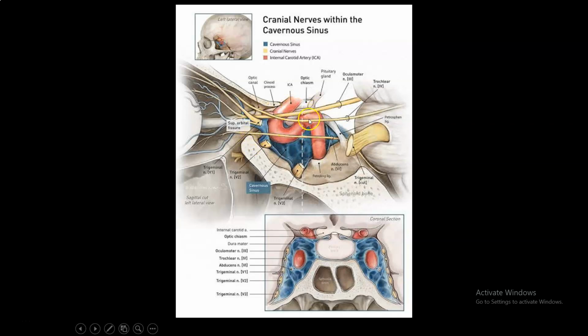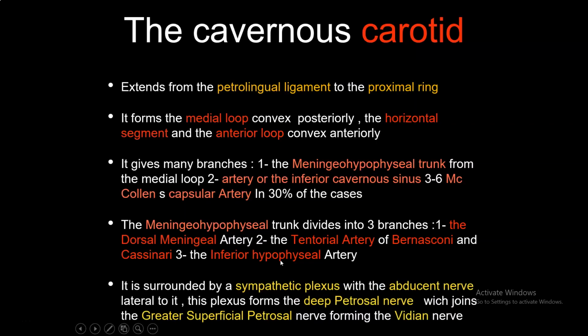So oculomotor, trochlear, ophthalmic division of the trigeminal in the lateral wall, V2 in the floor, and the internal carotid artery with the sixth nerve lateral to it. Coronal view, you'll find the carotid, the sixth nerve, and oculomotor, trochlear, V1 and V2 in the lateral wall of the cavernous sinus, embedded in the inner layer of the lateral wall.